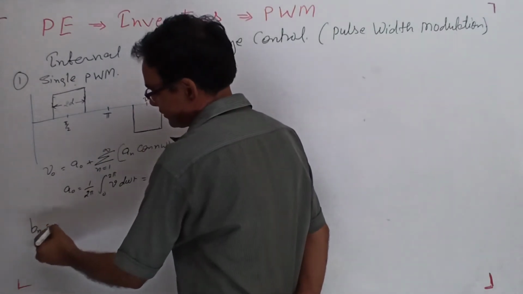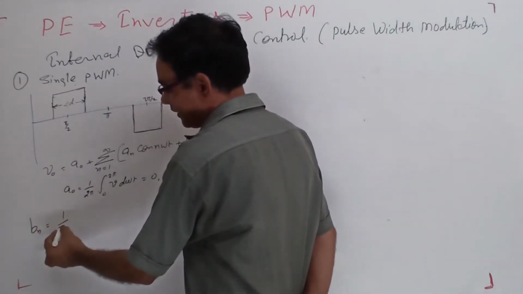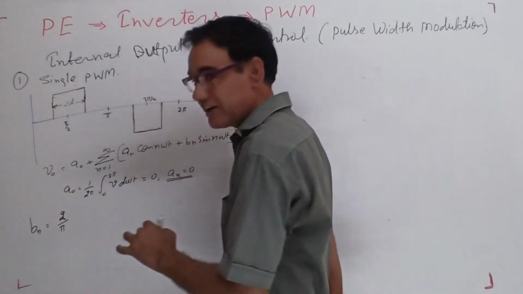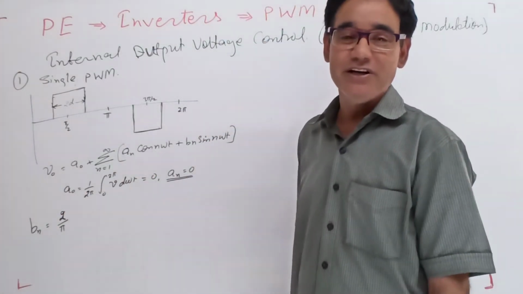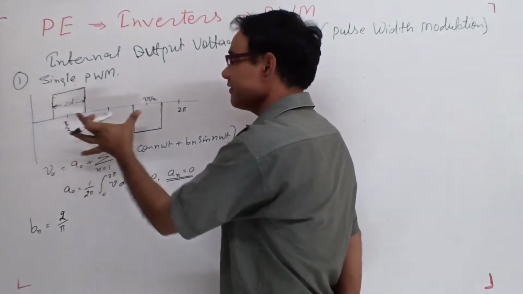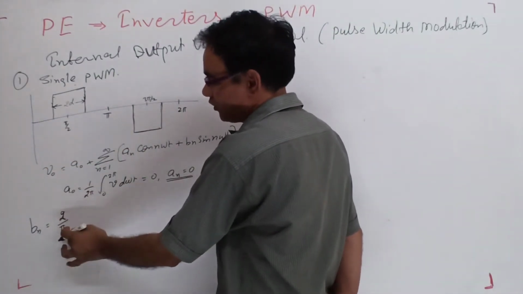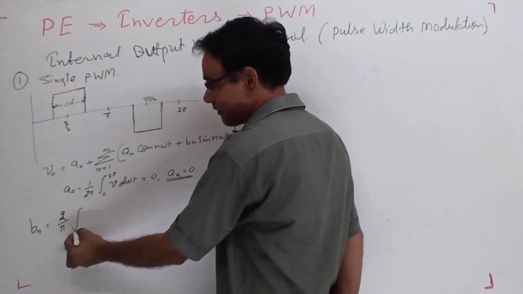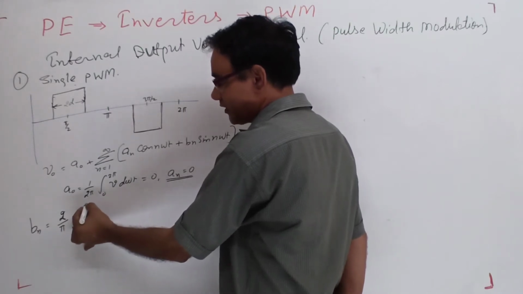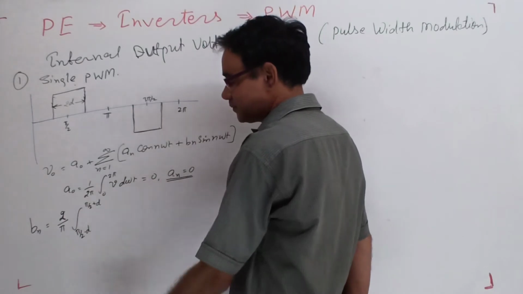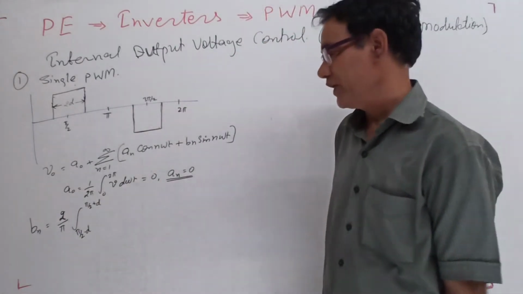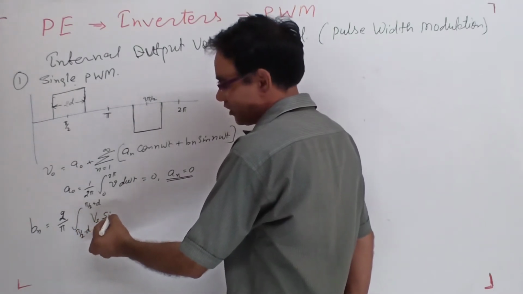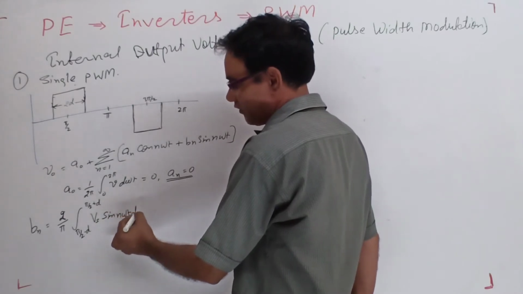So bn is 1 upon pi into 2, if it is symmetrical. Then we calculate for the 0 to pi interval, not the 2 pi interval: 2 into the integral from 0 to pi, and this is symmetrical about pi by 2, so from pi by 2 minus d to pi by 2 plus d, of Vs sin of n omega t d of omega t.